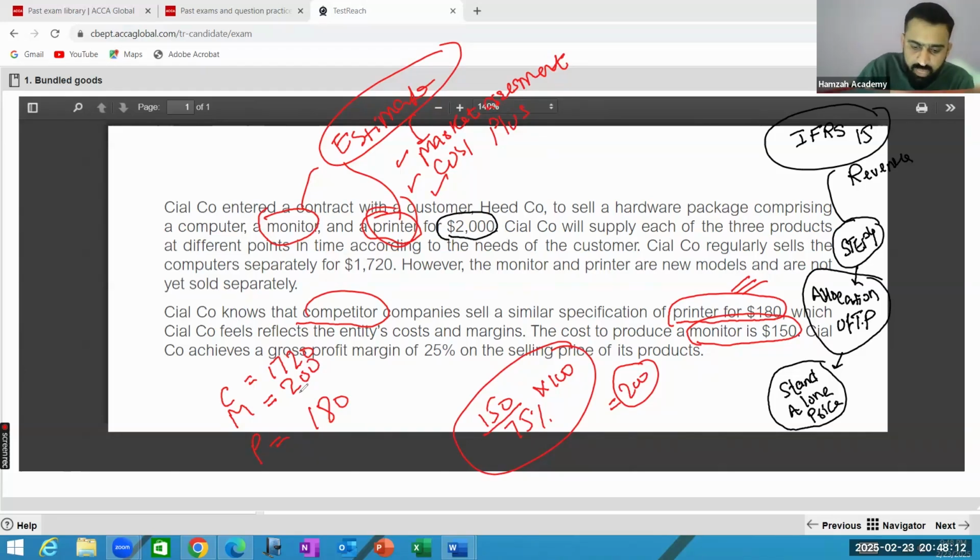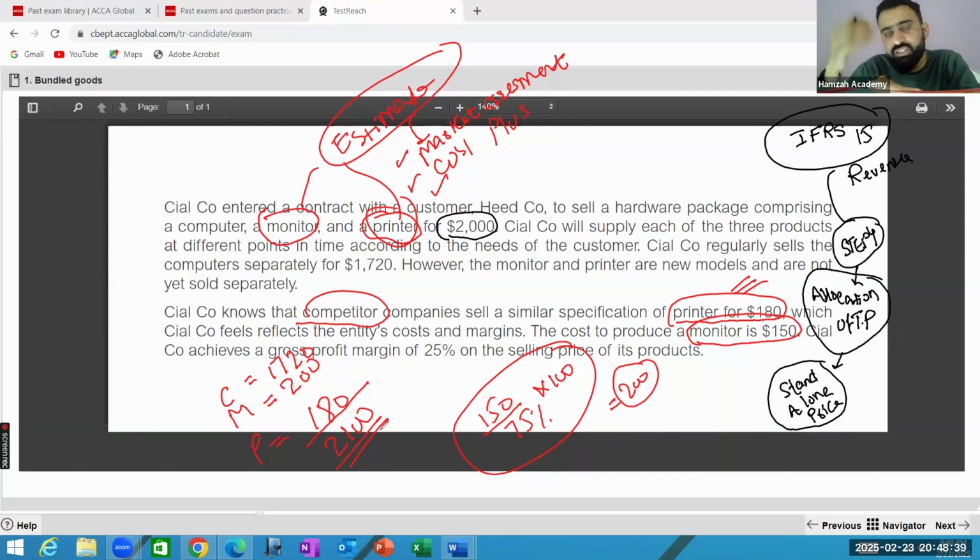Now, dear students, we have a standalone price of 2100 in total. We have discussed how a transaction price will be allocated as per the standalone price.